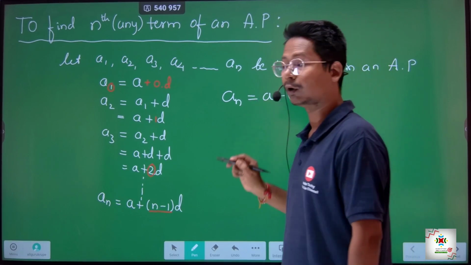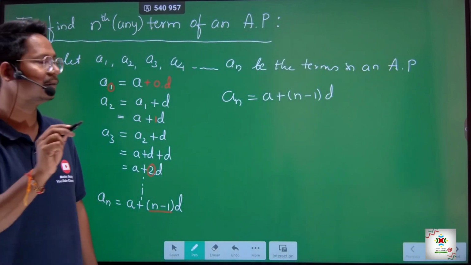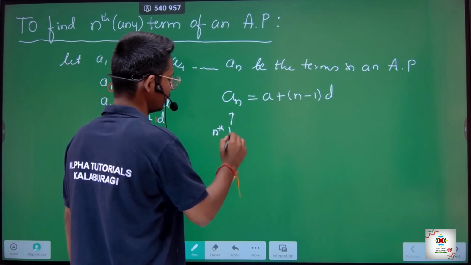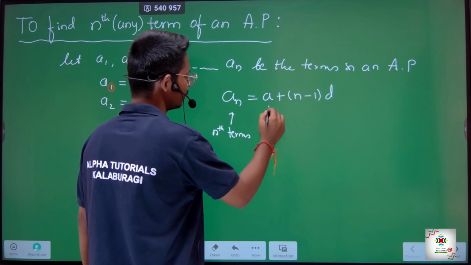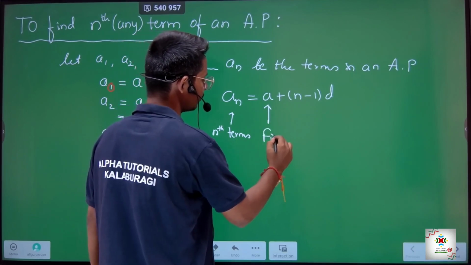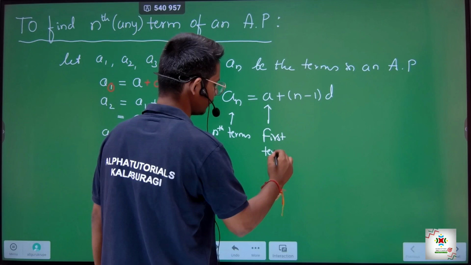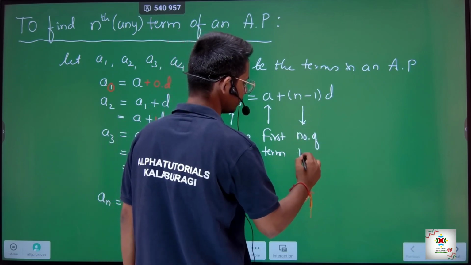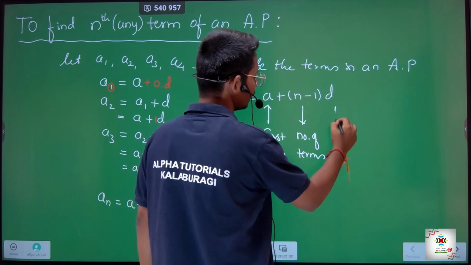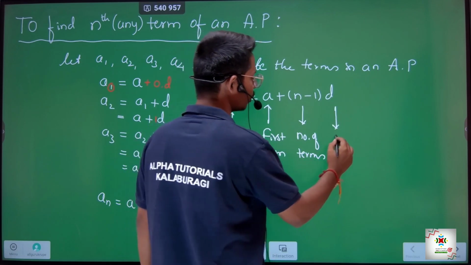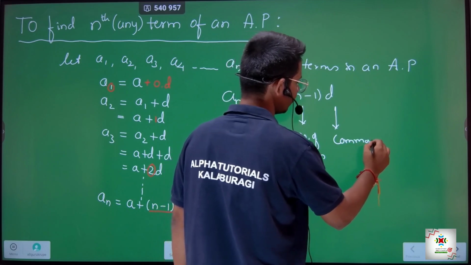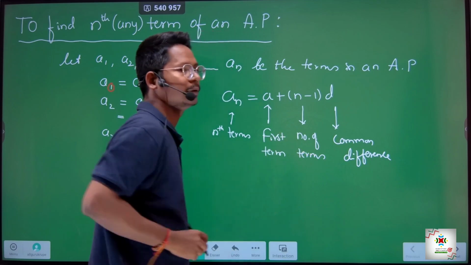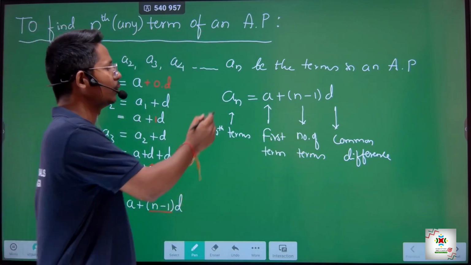This formula relates the parameters: an is the nth term, a is the first term, n is the number of terms, and d is the common difference. So this is a formula which relates between 4 terms.